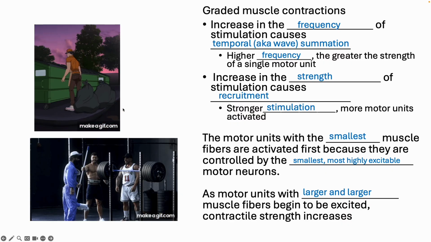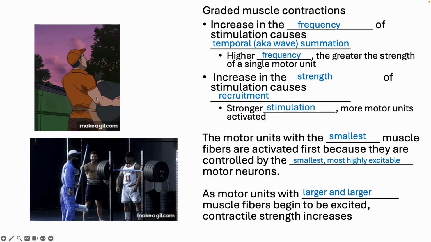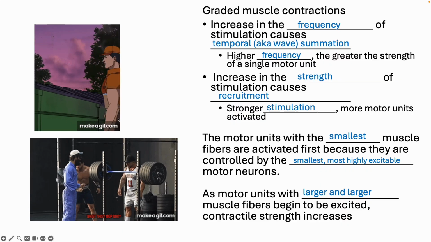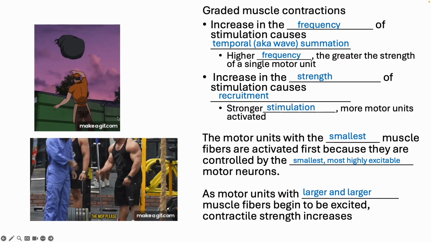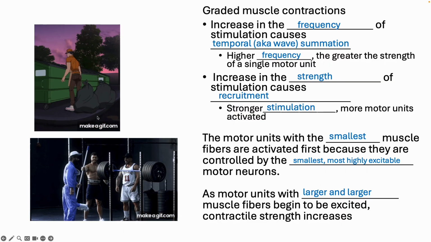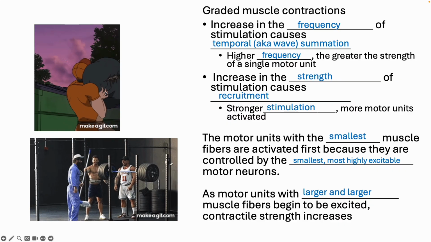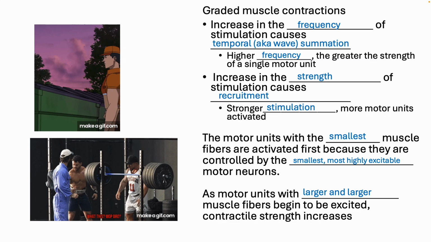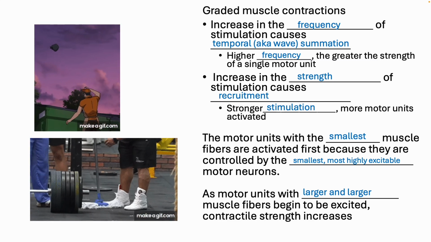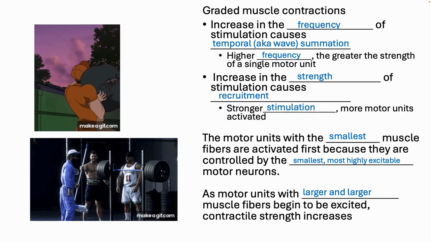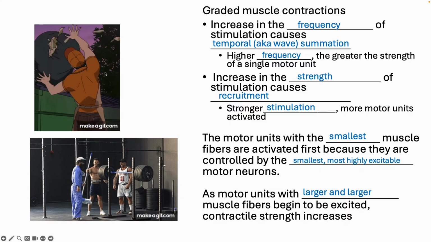Suddenly he gains them and he lifts up the bag of garbage. You can see that he's struggling with this first bag, but the second bag is much lighter compared to him. So that's essentially what's happening when you recruit more muscle fibers or more motor units than what you need, and you end up with a disproportionate response.